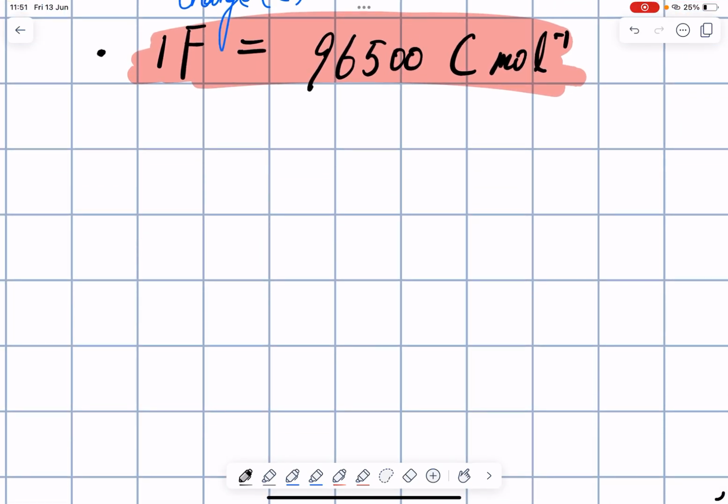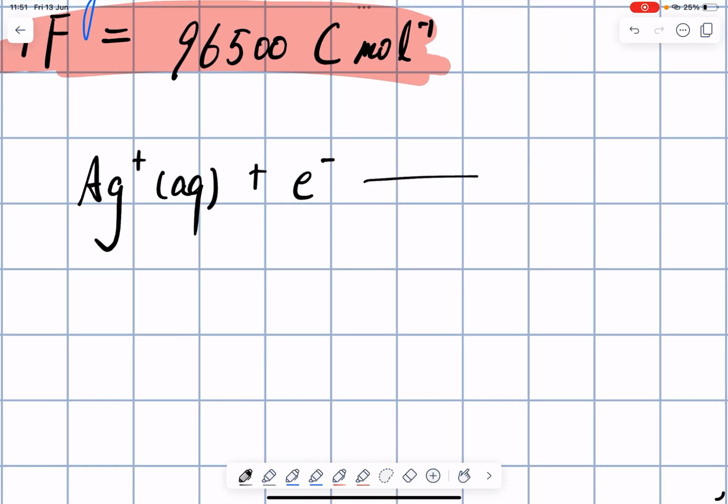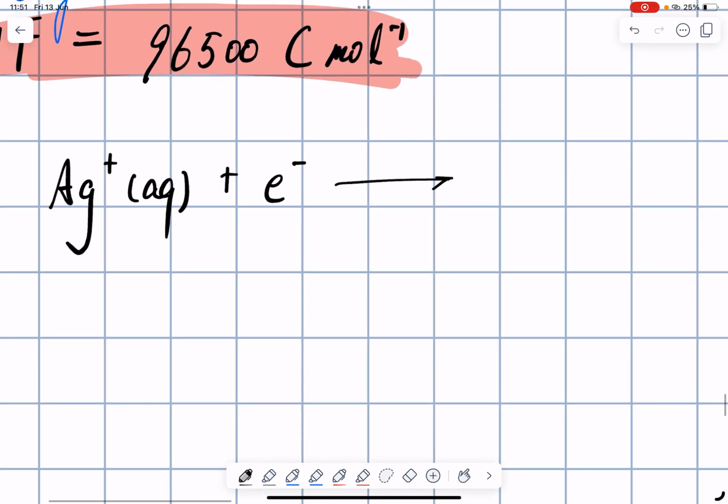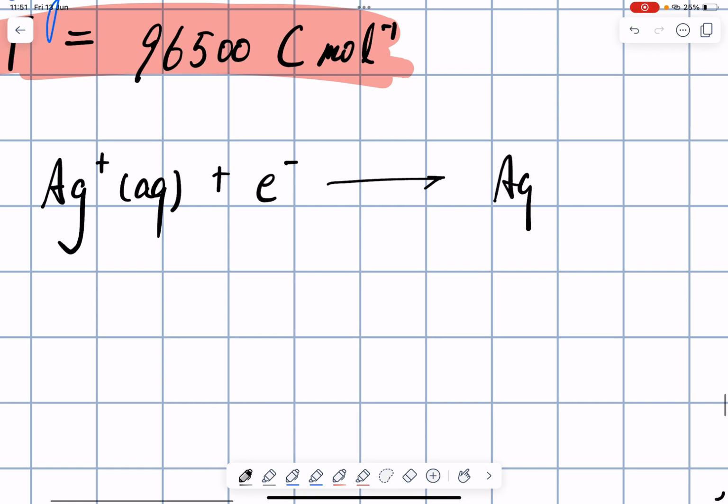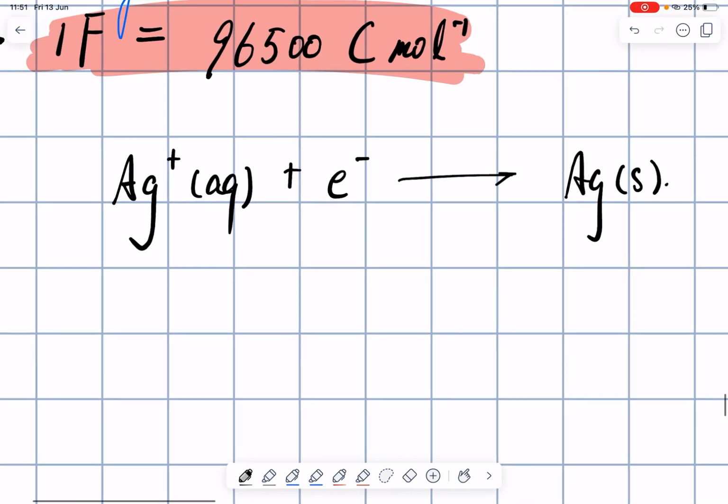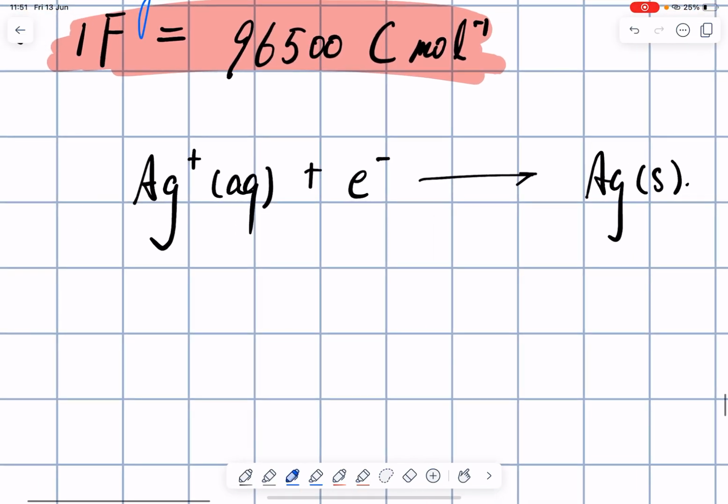For example, if we are going to reduce silver plus to silver solid, to its ground state, to its natural state, 1 electron is required for each cation actually.